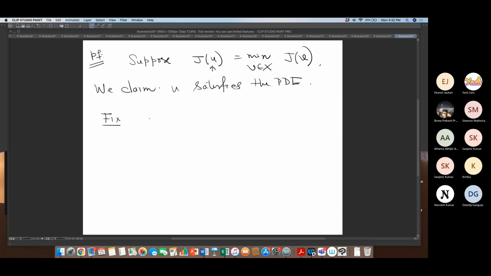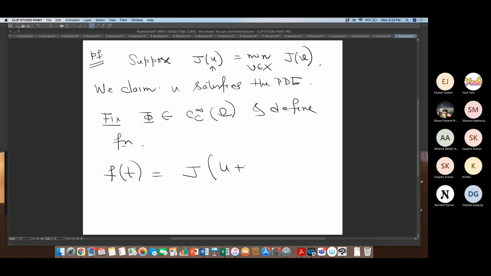Fix some C infinity function phi, and define a function. It is given a priori that J attains its minimum at U. So I define a function f(t) as J(U plus t phi).